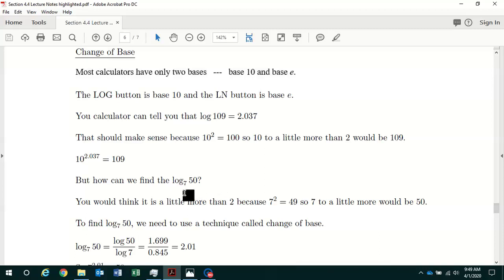I want to point out many of you do have the software on your calculator to calculate log base 7 of 50. There is a function key on your TI-83, 84 calculator that enables you to type in log base 7 of 50 and it'll give you the answer.